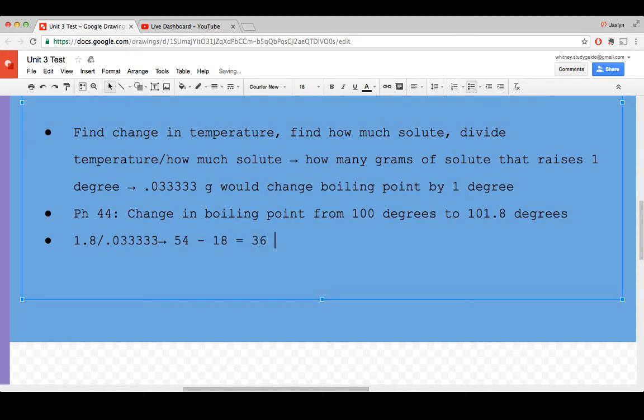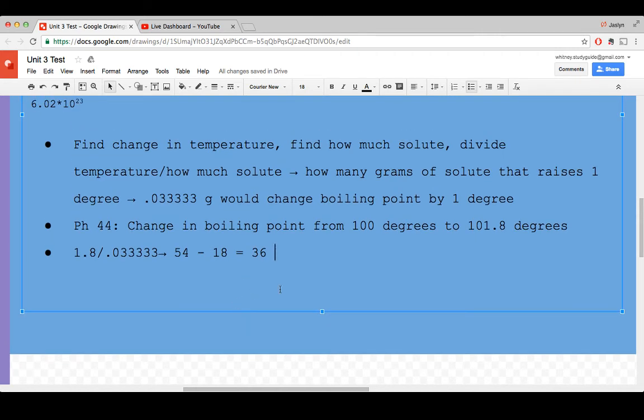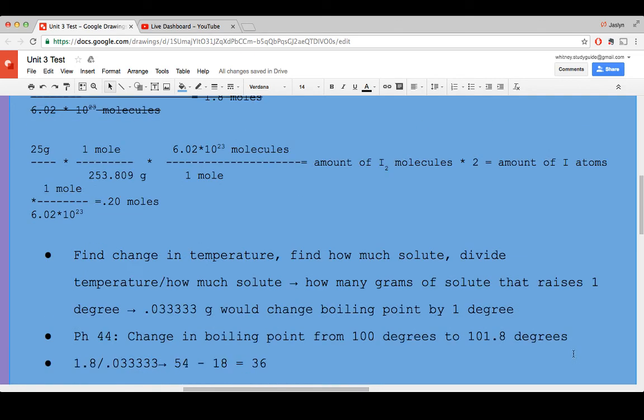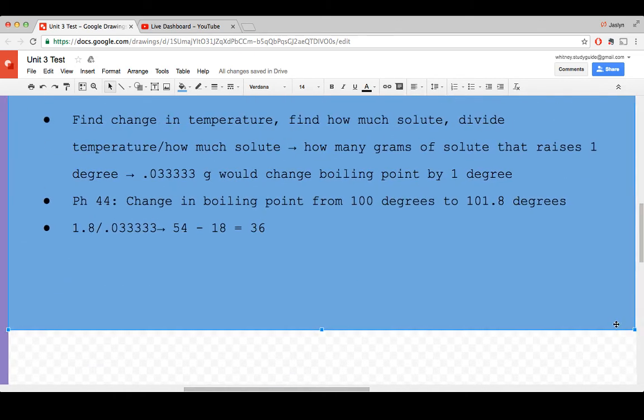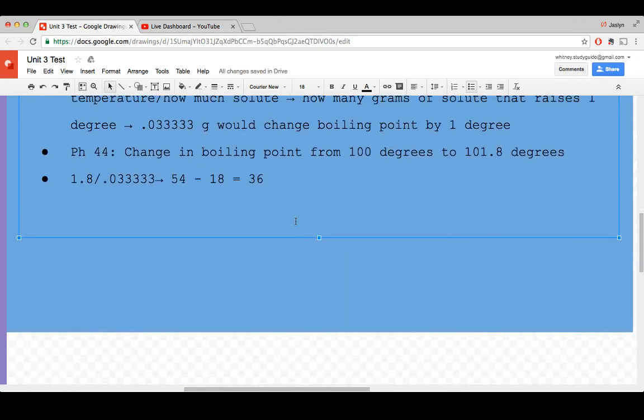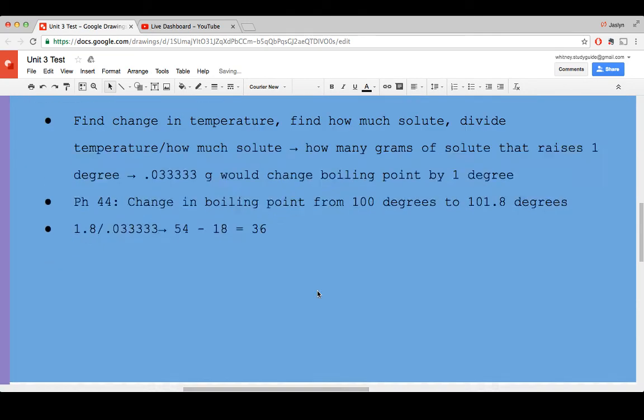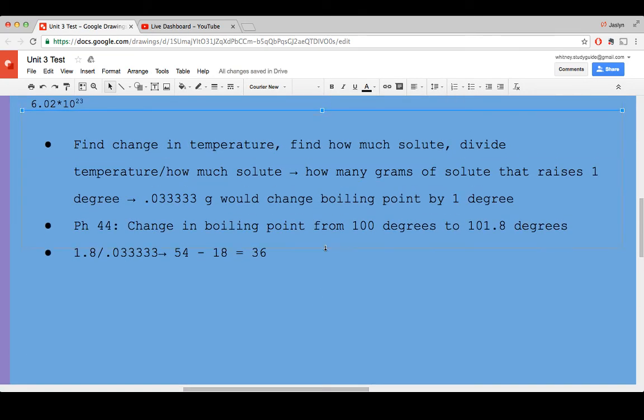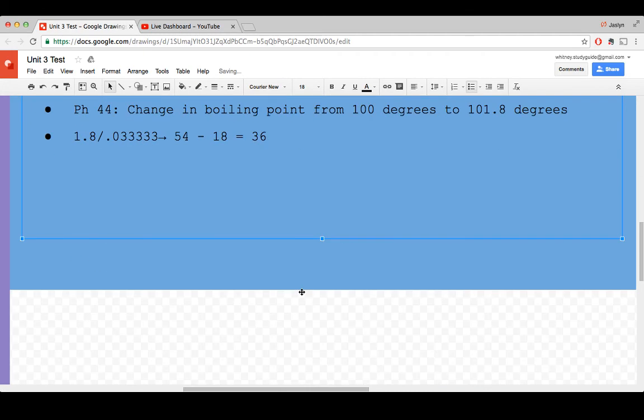So to reiterate, I'm going to try to word it differently because I realize it's kind of clunky the way I'm explaining it. If you're given a problem like that, I'm basing this off pH 44. I don't know why this is being so difficult.